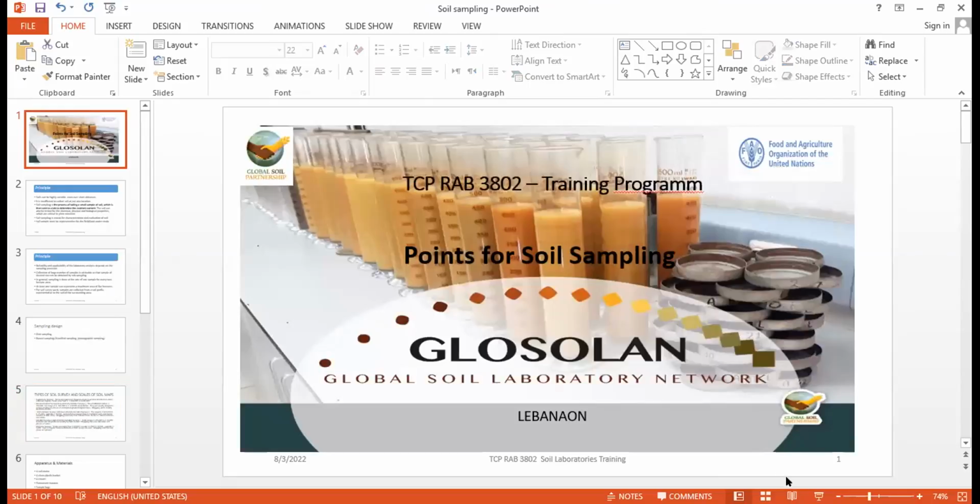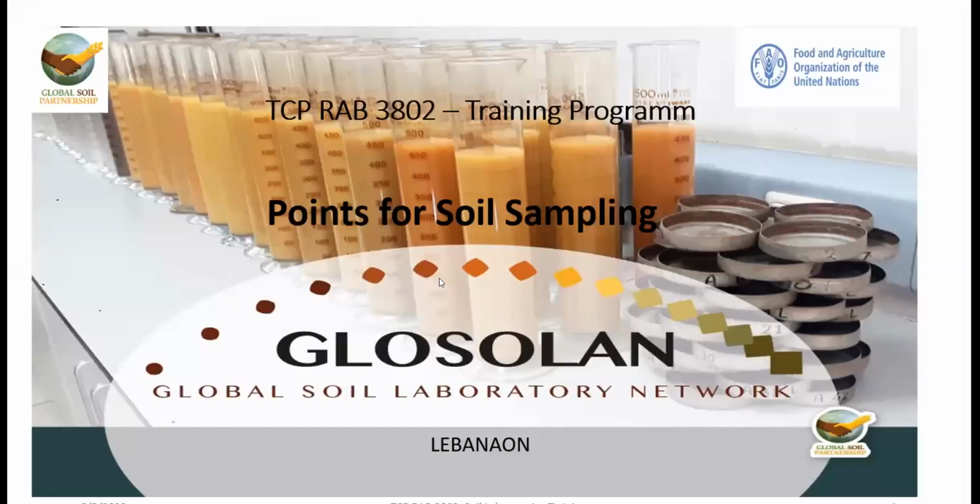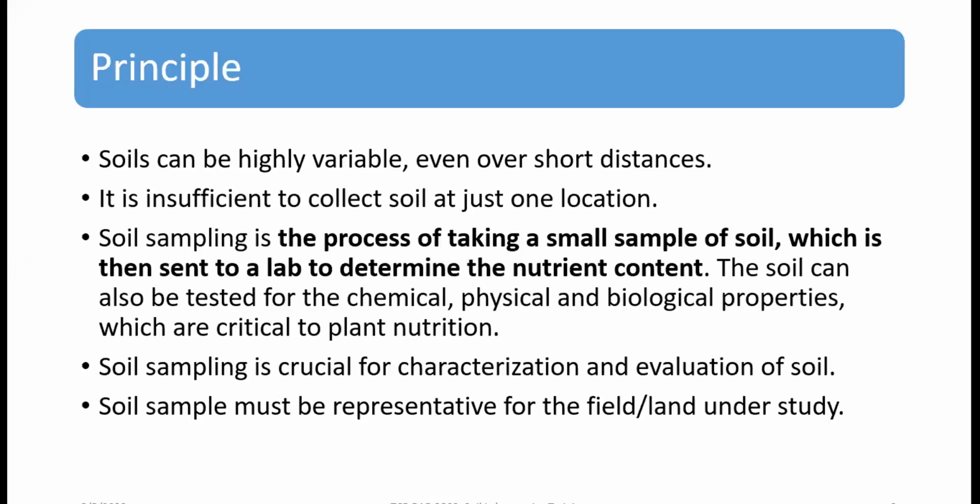Actually, I stated it as just a point for soil sampling. In principle, we have to identify, affirm, and commit that soil is highly variable. Normally they say that soil is a heterogeneous system even within 1 centimeter.